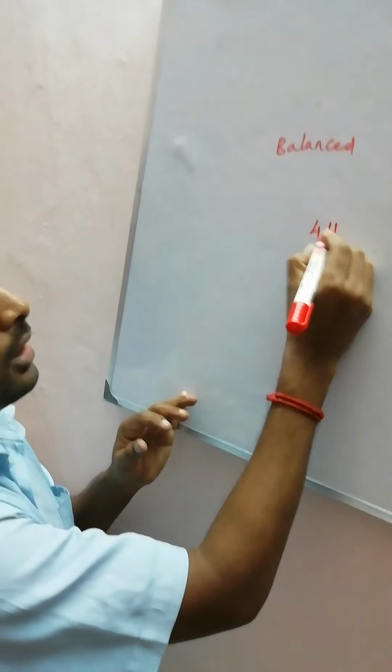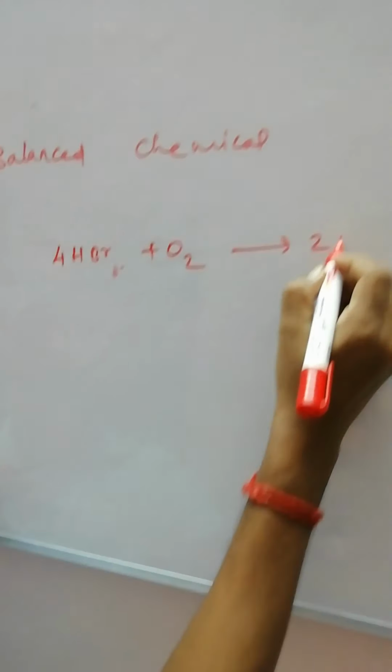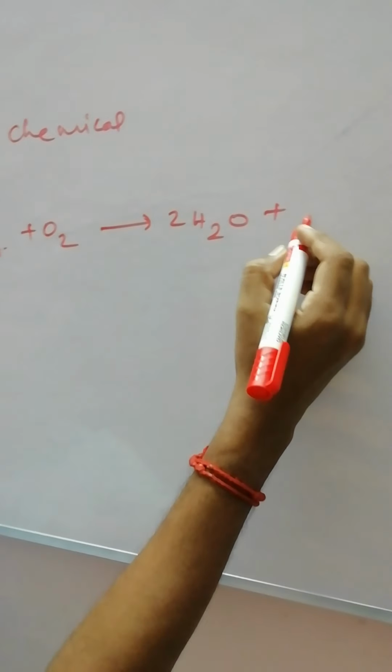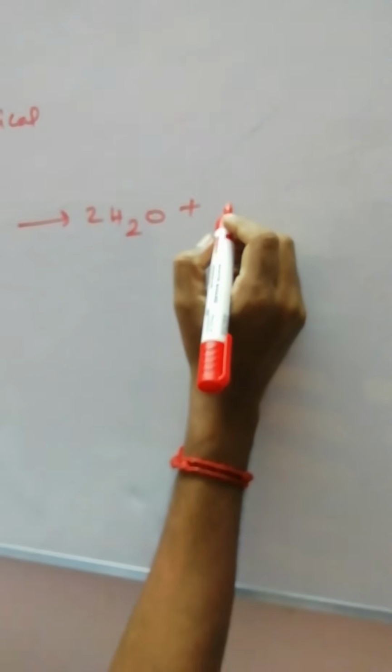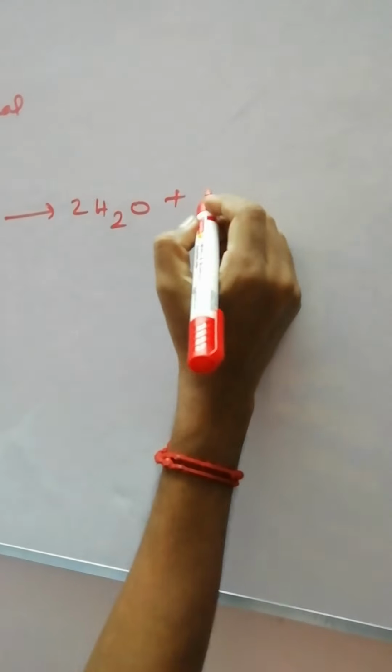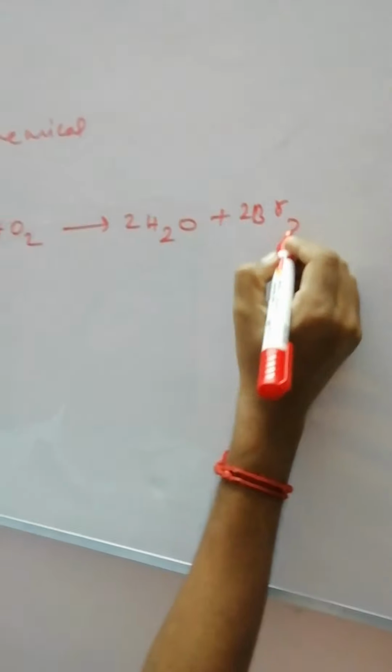Rarely a chemical reaction will take place in a single step. Normally a chemical reaction will take place in two to many steps. For example, now I am going to solve one example. 4HBr plus O2 gives 2H2O plus 2Br2.